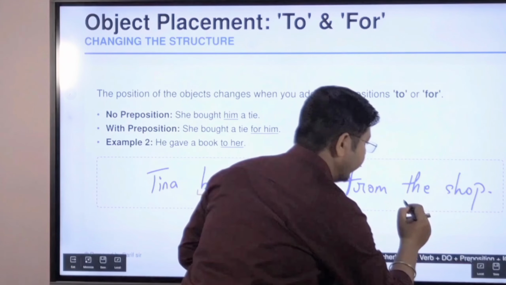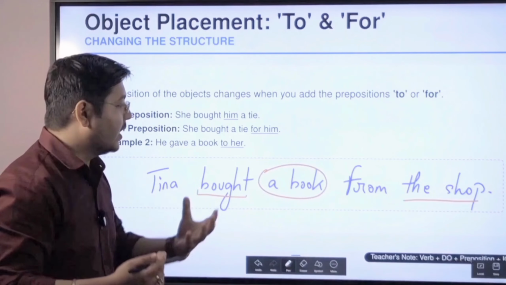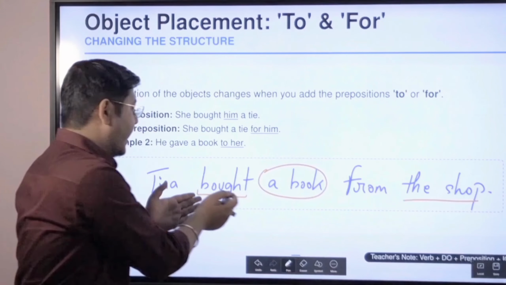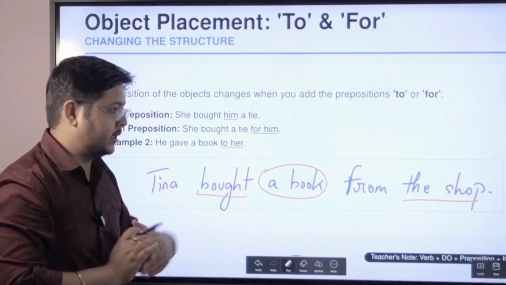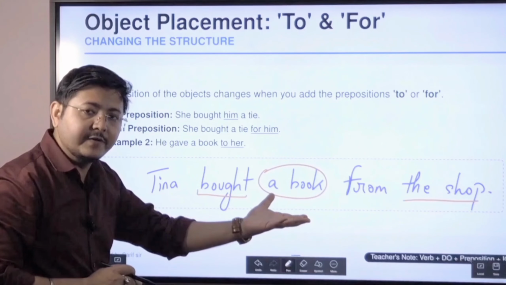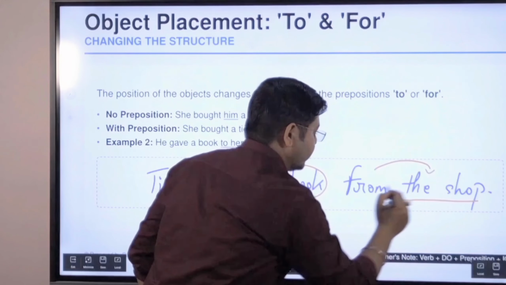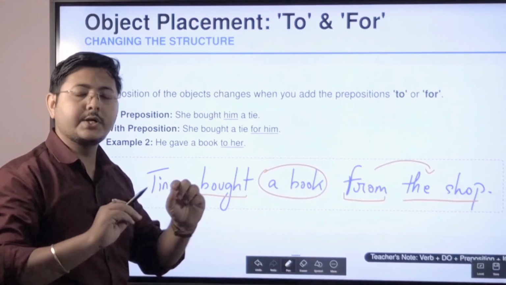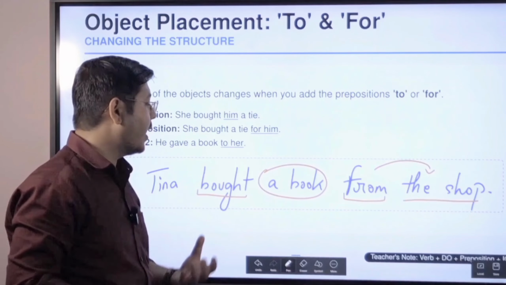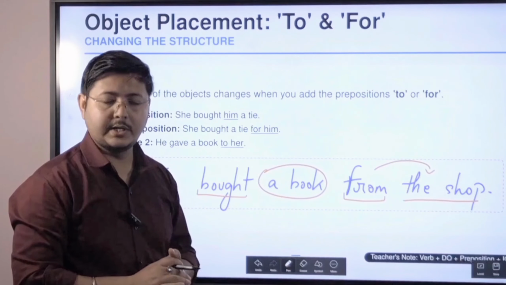However, if you think that the shop is the object of the verb, then you are completely wrong, because the shop and the action of buying are not related at all. The shop is not getting benefited from the action of buying. It is actually the object of the preposition from. If it is the object of the preposition, then we do not need to consider it, because we only require objects of the verbs, because we are discussing transitive and intransitive verbs.